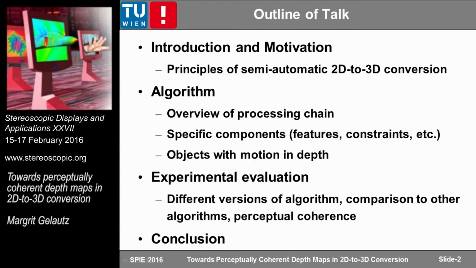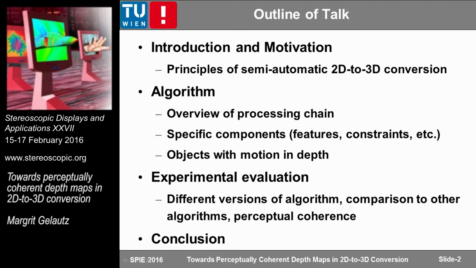I'll first give a brief introduction. I'll say some words about the principles of semi-automatic 2D to 3D conversion, and then I'll focus on the algorithm we have developed. I'll first give an overview of the whole processing chain, and then I'll focus in more detail on some of its specific components, some constraints we introduced, and one particular issue we are dealing with, which is the proper treatment of objects that exhibit motion in depth.